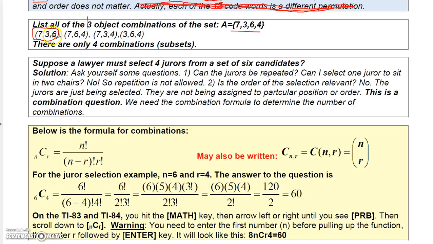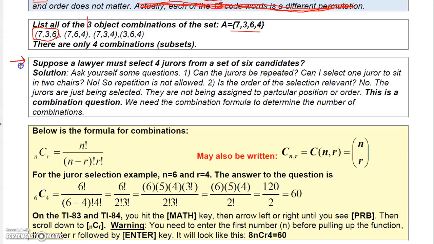We're just looking for the subsets. So 7, 3, 6, no matter how you arrange them, would be the same combination. And then you could do 7, 6, 4. You could do 7, 3, 4. You could do 3, 6, and 4. And so there are 4 combinations. So there's 4 possible subsets of 3 objects taken from 4.